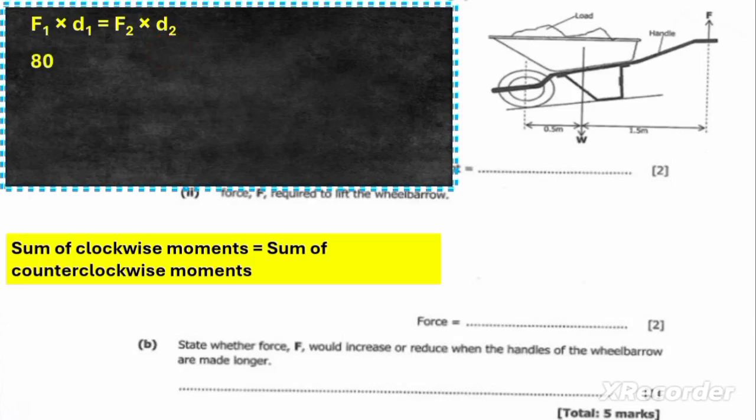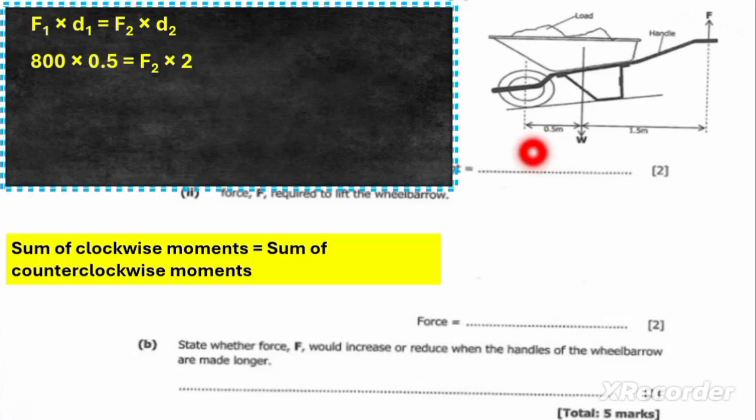Okay, so 800 times 0.5 is equal to F2 times distance 2. This is our clockwise moment. 800 is the weight we are calculating from the mass, times 0.5.